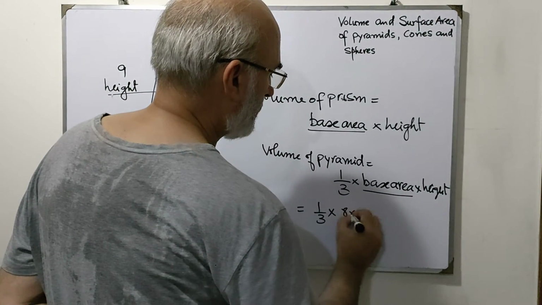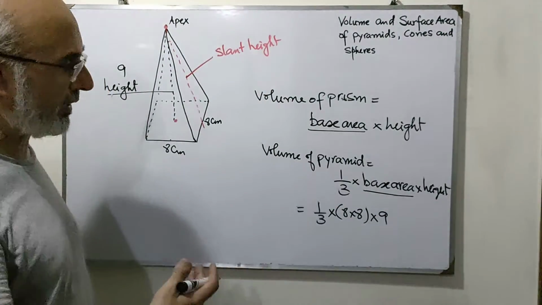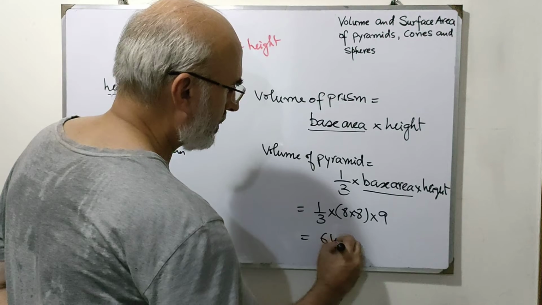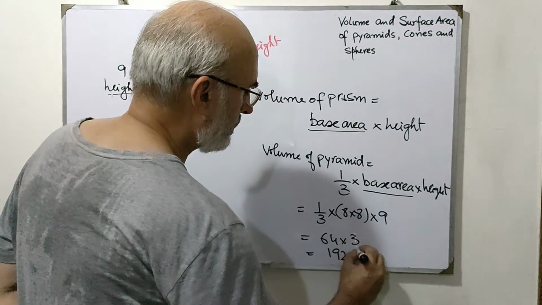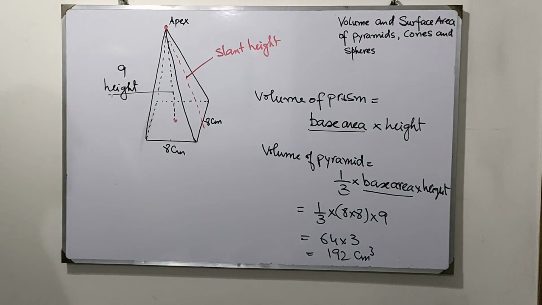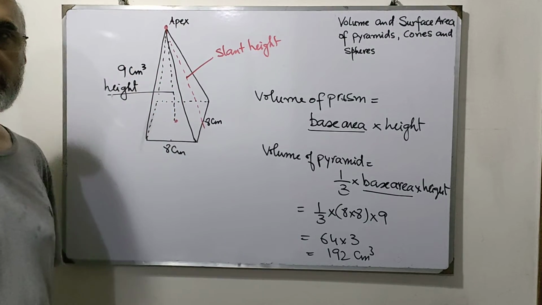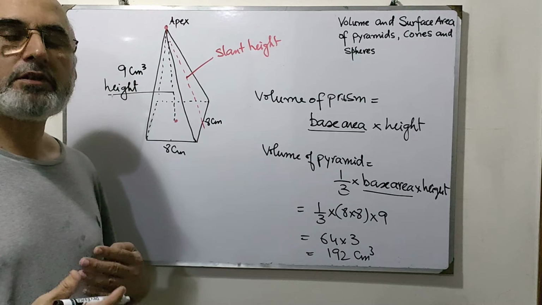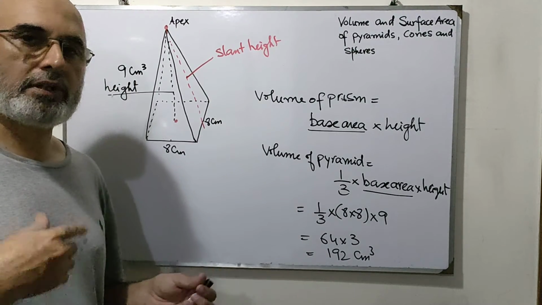So 8 into 8 into 9, just for the sake of calculation I have taken it as 9, and so we have here 64 into 3, which is 192 centimeter cube. So this will be the volume of the pyramid. Now let's talk about the total surface area of a pyramid.